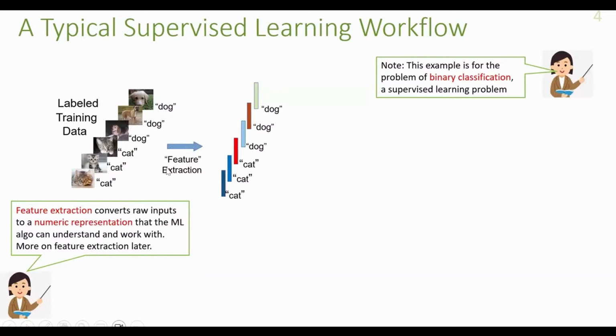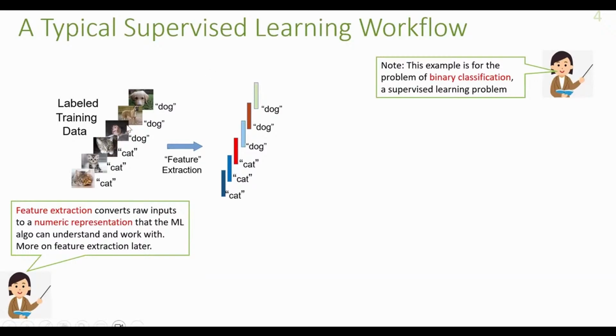And this step is called feature extraction. So in feature extraction, what we do, we extract features for any given input. Now that input can be a record, can be an image, can be an audio file, can be a video file, depending upon what type of data and what type of problem we are solving, right?